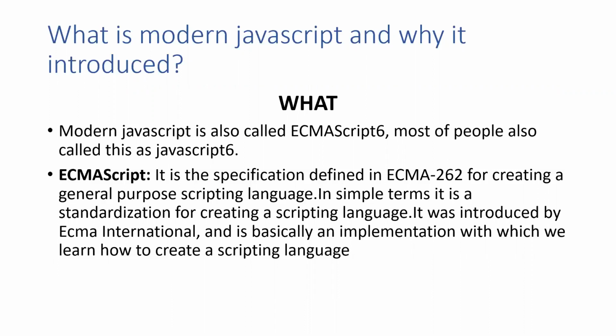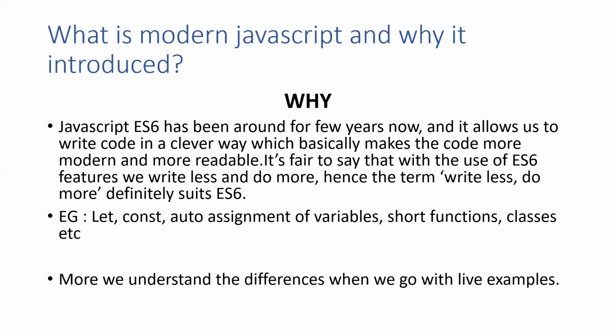Okay, now let's understand why it was introduced. JavaScript version 6 has been around for a few years now, and it allows us to write code in a clever way, which makes the code more modern and more readable. It's fair to say that with the use of ES6 features, we write less code and do more.